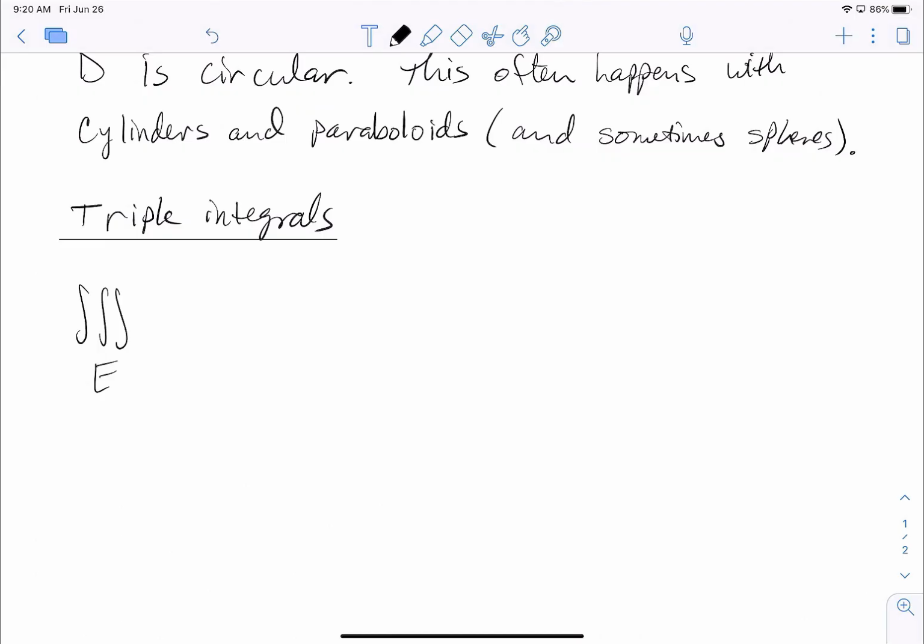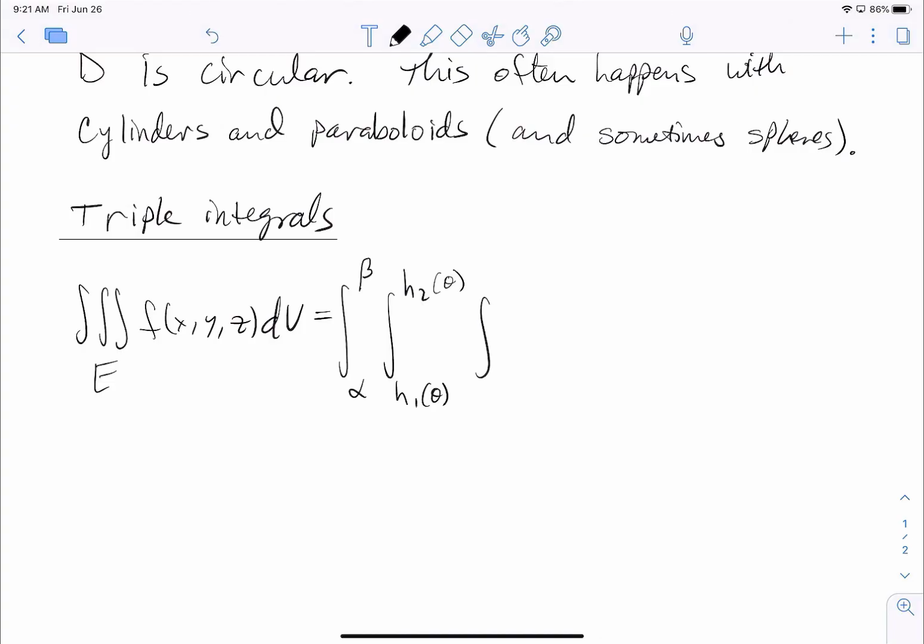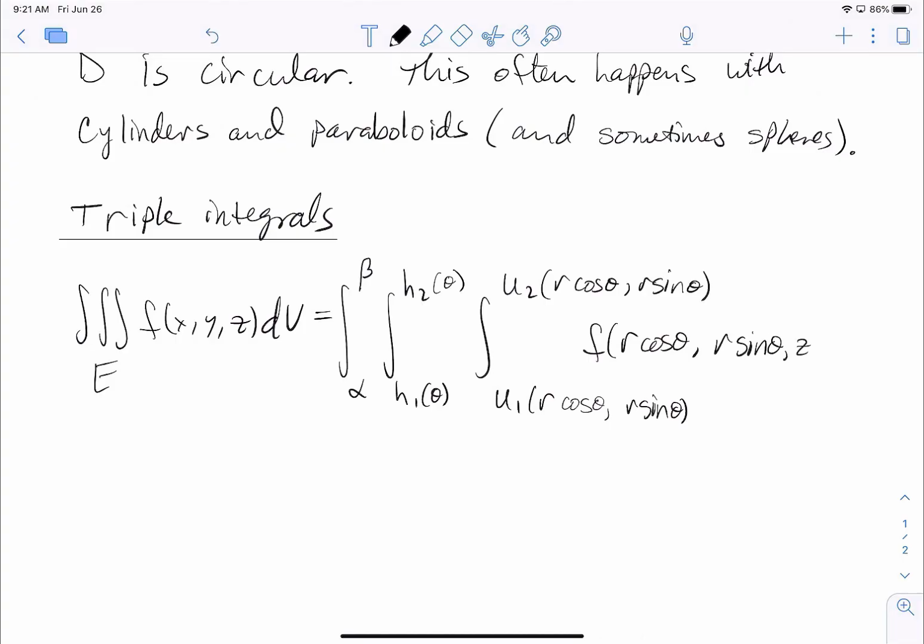The triple integral over E of f of x, y, z dV is equal to the integral from alpha to beta of the integral from h1 of theta to h2 of theta of the integral from u1 of r cosine theta, r sine theta to u2 of r cosine theta, r sine theta of f of r cosine theta, r sine theta, z, r dz dr d theta.